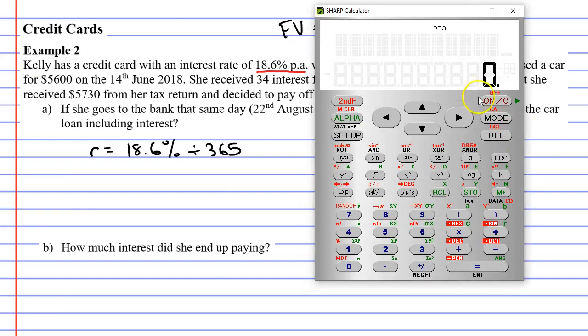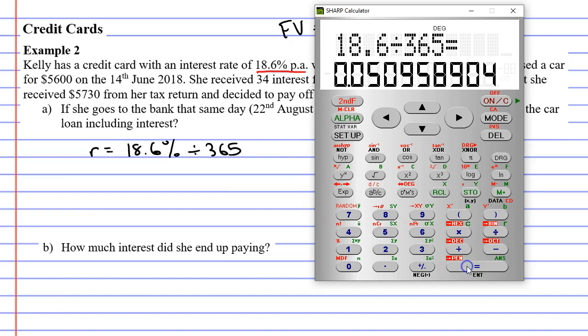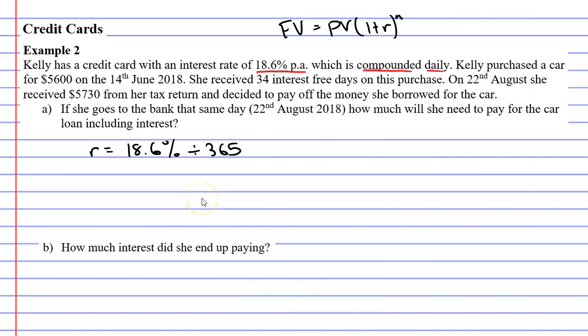Now, if we check that on the calculator, it's very likely that we're going to get a nasty decimal, which we really don't want this early on. Yes, it's not very nice at all. So we're going to make this a fraction instead of dividing it. So we'll make it 18.6 over 365, and we'll say this is the percentage per day. Now, remember, we have to take our percentage and divide it by 100.